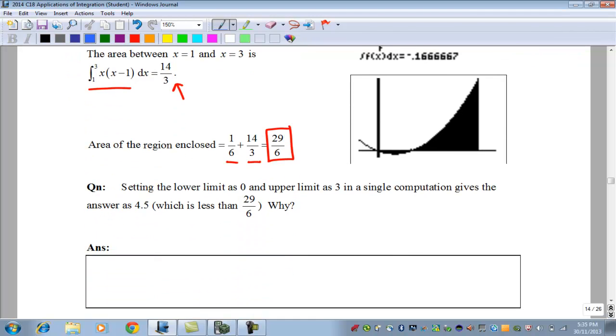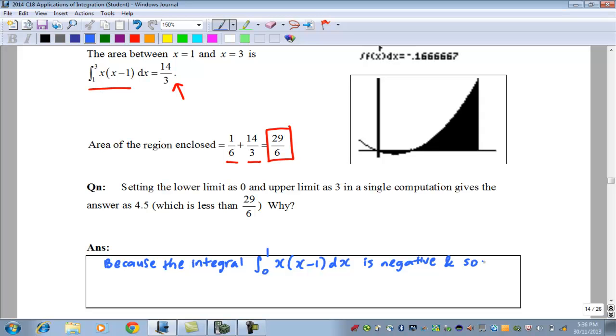There's a question here. Setting the lower limit as 0 and the upper limit as 3 in a single computation gives the answer 4.5, which is less than 29 over 6. Why is it so? I've already explained it earlier, so just for you to copy down the answer. Because the integral from 0 to 1 of x times x minus 1 dx is negative.